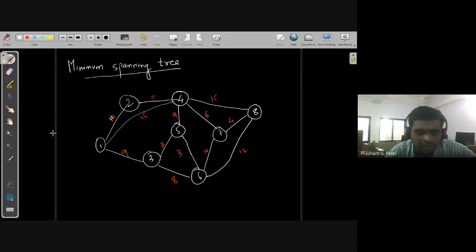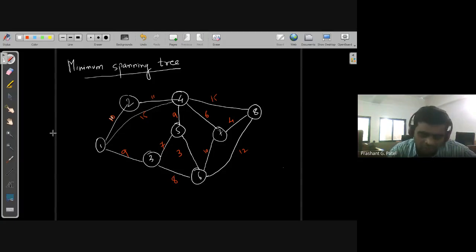It is to connect the nodes of the network by a set of edges such that the total length of the edges is minimized. And in constructing a minimum spanning tree, care should be taken that there is no cycle in it.